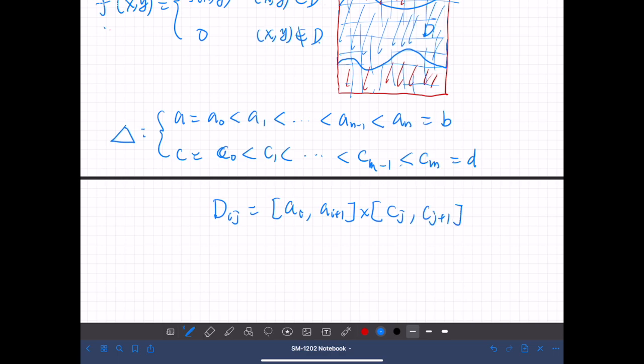Cj plus 1, where i varies from 0 to n minus 1, and j varies from 0 to m minus 1.